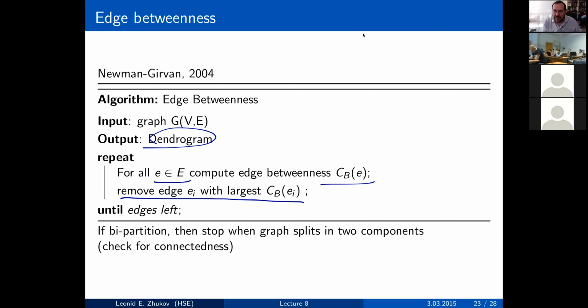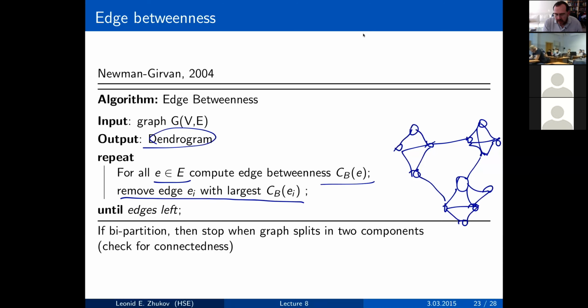Now, there are a couple of subtle points here. One point is the following. Let's say we have this graph. I'll draw it. And let's say we calculate edge betweenness. And on the very first step, we found that the edge betweenness is the largest for this edge, and so we cut it out.